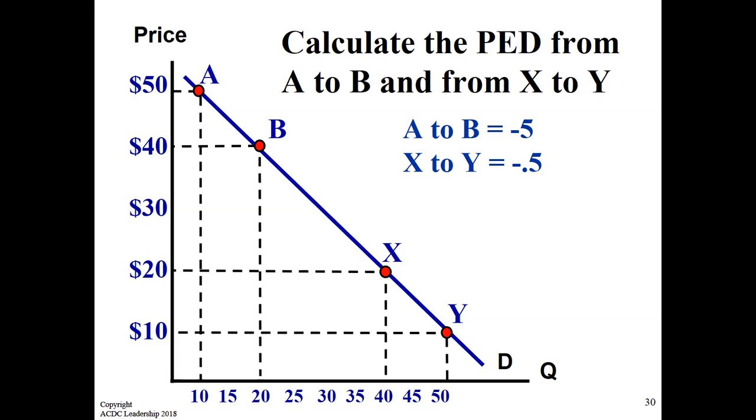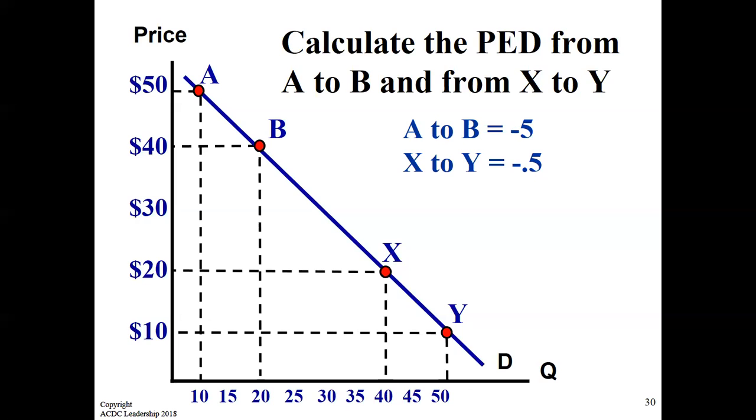Percent change in quantity demanded over percent change in price. And that would work also. That would have got -5, which is elastic, right?